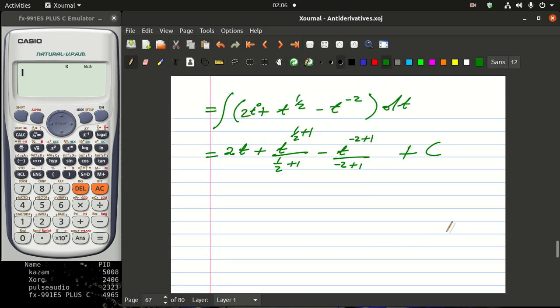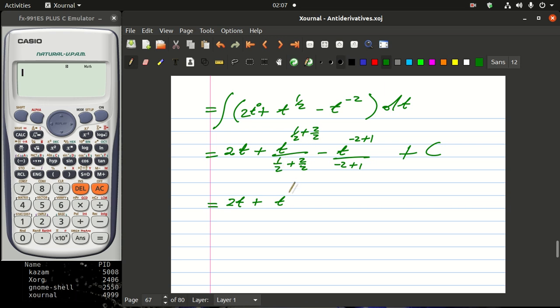So once you are having that, you will actually find out that we are having 2t plus, and then you have a t raised to, if you look at 1, you must know that 1 is the same as 2 over 2. Why 2 over 2? Because I want to end up having the common denominator. And then the same thing here, 1 is the same as 2 over 2, because I want to have a common denominator.